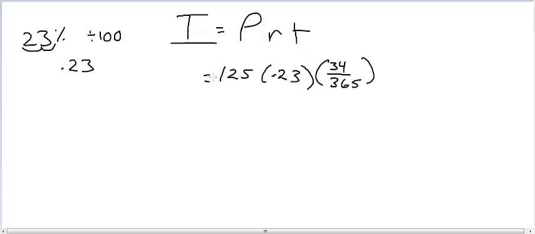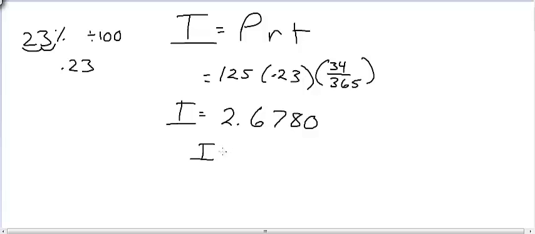When you do the math, you should come out with I equals 2.6780. Now since I'm talking about money, I'll round this to 2 decimal places: 2.68. In other words, $2.68 is the amount of interest earned over this time period.